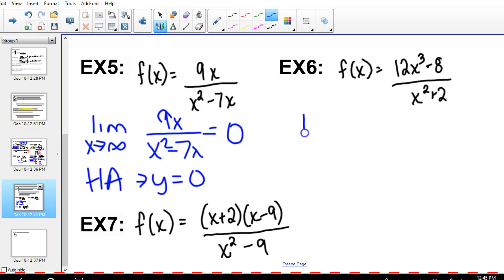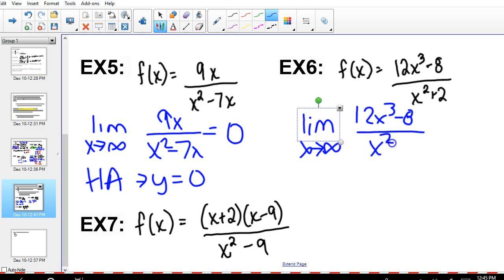For 6, you're going to have the limit as x approaches infinity of 12x to the third minus 8 over x squared plus 2. Bigger on top, bigger on bottom, exponents are the same. Bigger on top. Whenever it's bigger on top, that's not 1, right? That means positive infinity or negative infinity.